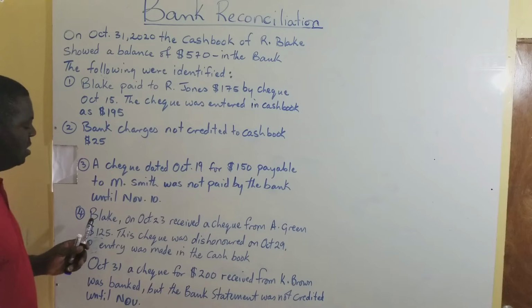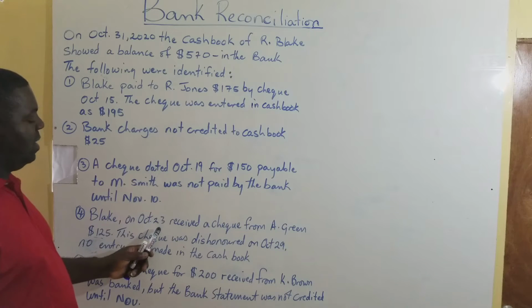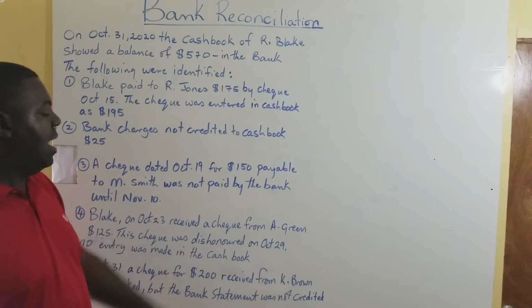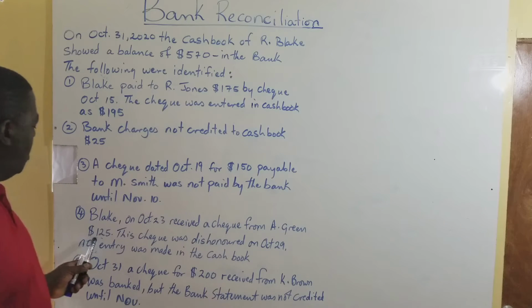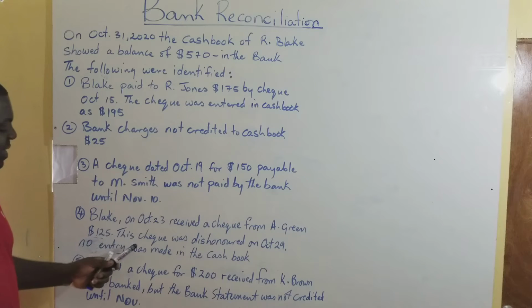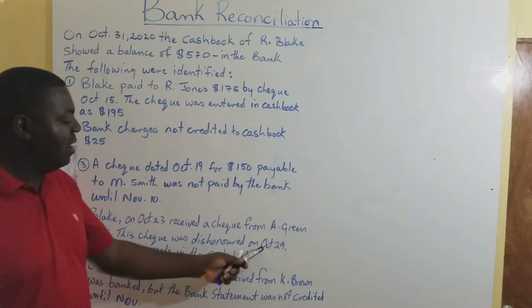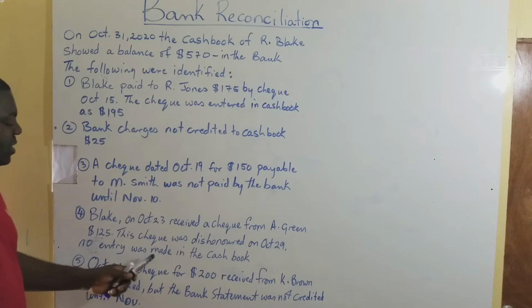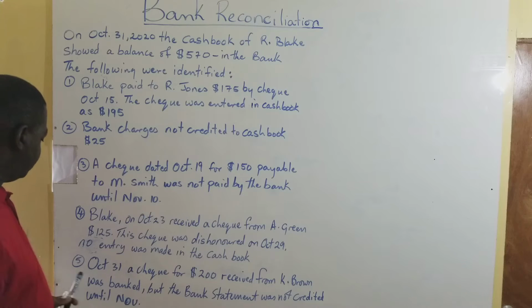And 4. Blake, on October 23, received a check from A. Green of $125. This check was dishonored on the October 29. No entry was made in the cash book.